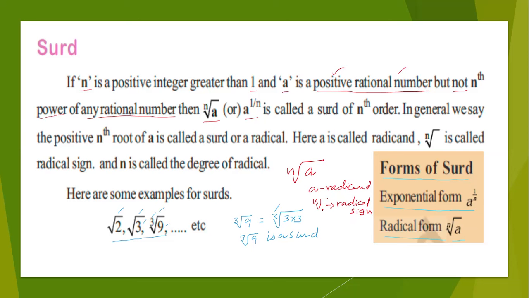A is called the radicand, the nth root symbol is called the radical sign, and n is called the degree of the radical.